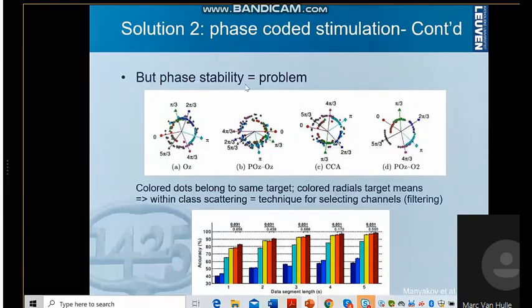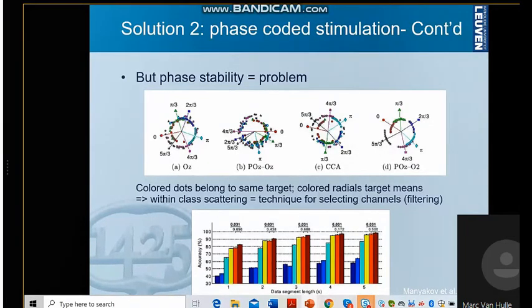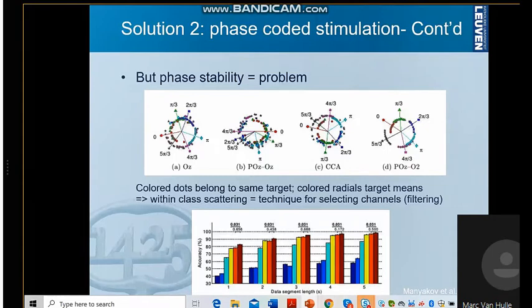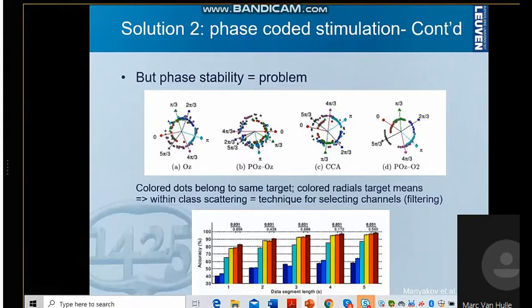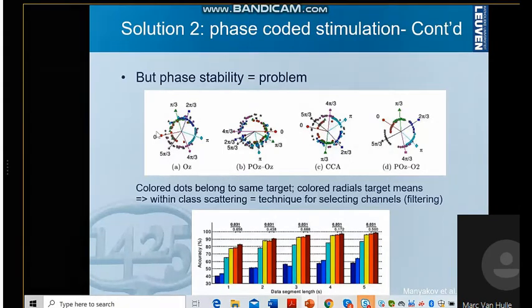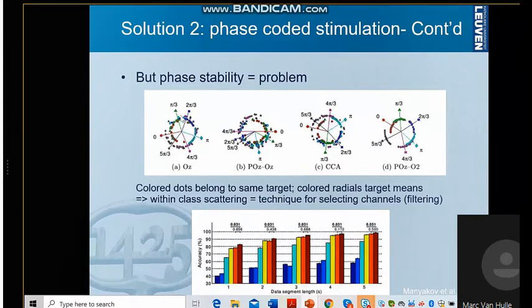Apart from detecting phase itself, what sort of algorithm to use in practice in EEG? Phase is a problem. Phase is not so stable as the amplitude. Phase is less stable, and it yields a lot of problems. So here you see we had 6 targets with 6 different phases.